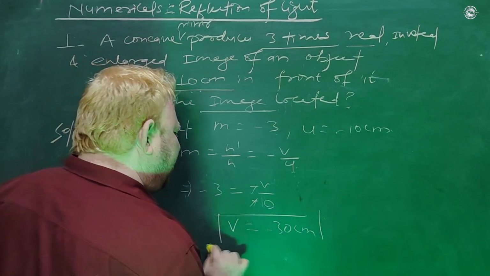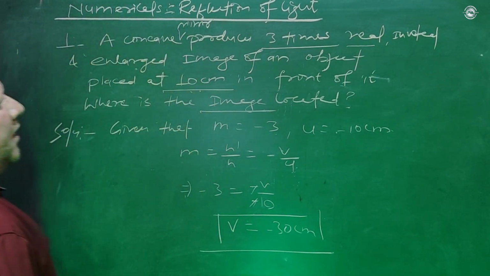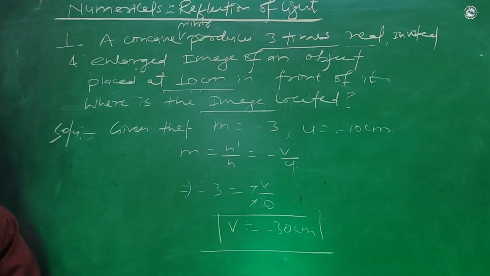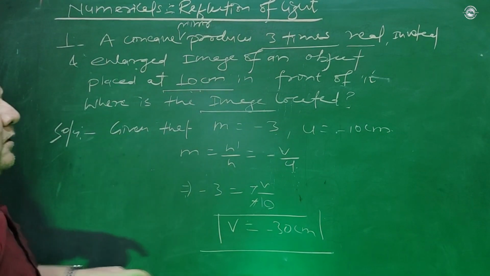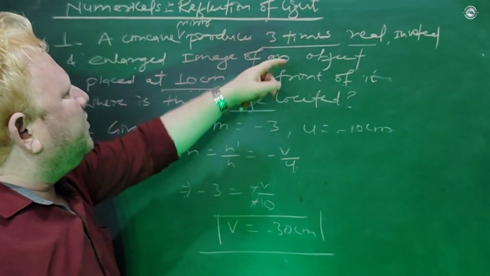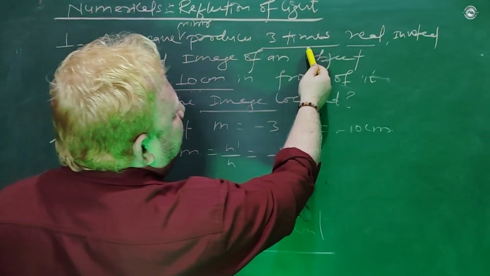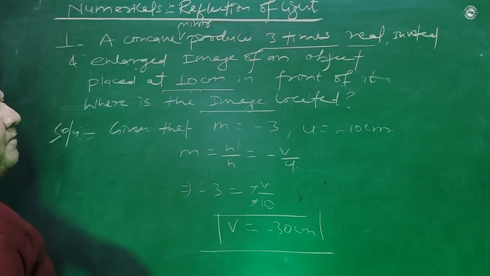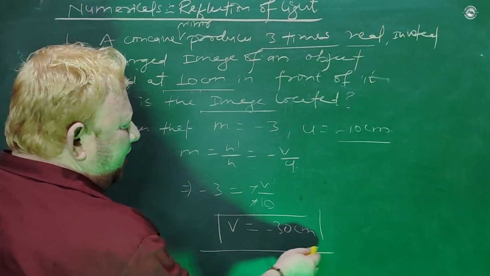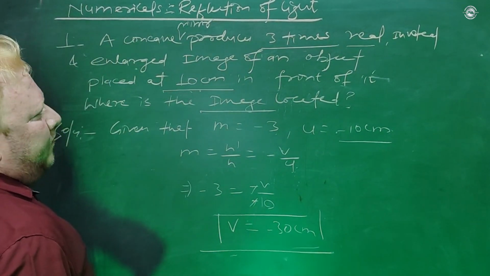So yes, the image is located at 30 centimeter, right, in front of the mirror only. Why? Because this minus sign is there. And after all, in the question also they are saying 3 times. Of course it will be bigger. Object distance is 10 and image is 30, right?